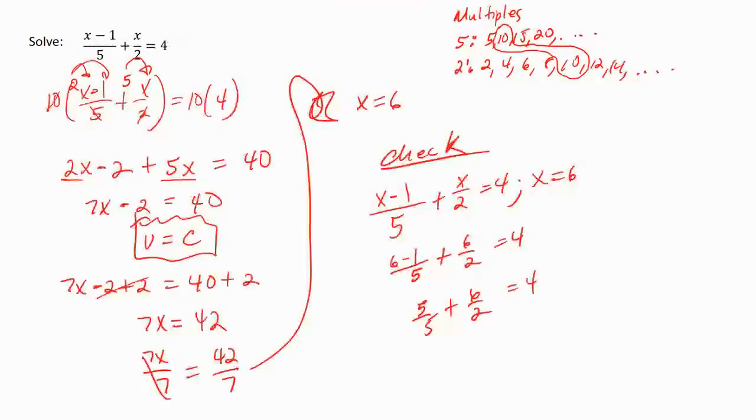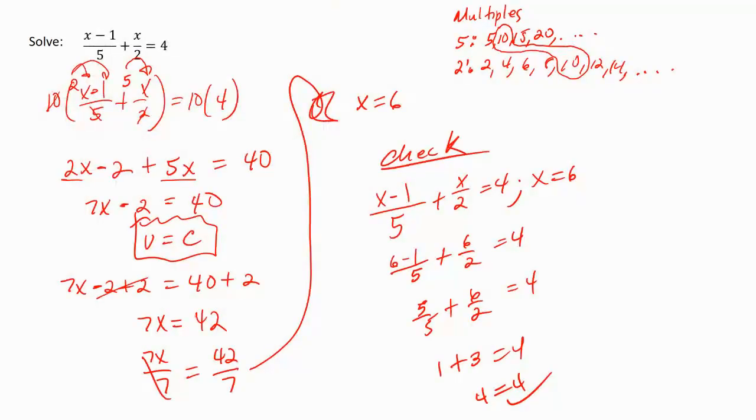So we have 1 plus 3 equal to 4. In fact, both sides are equal to 4, so we know that our solution of x equals 6 is valid.